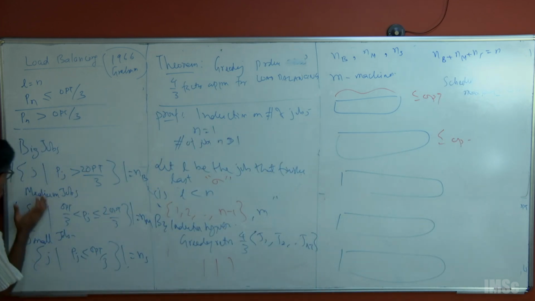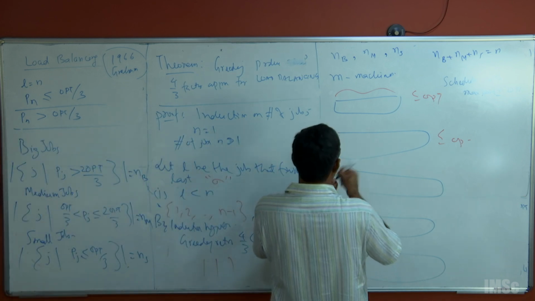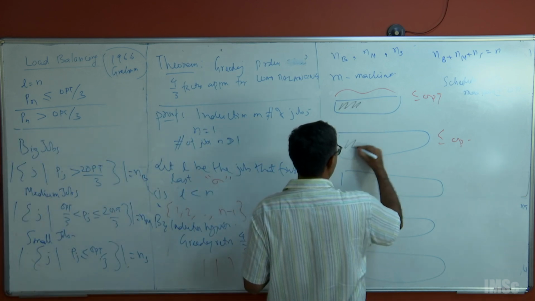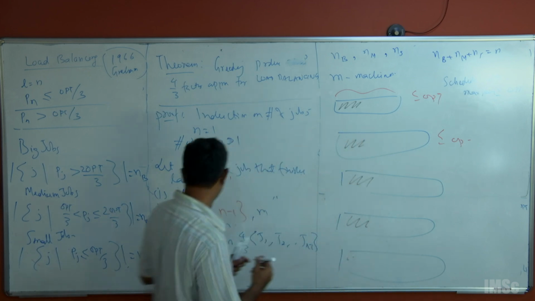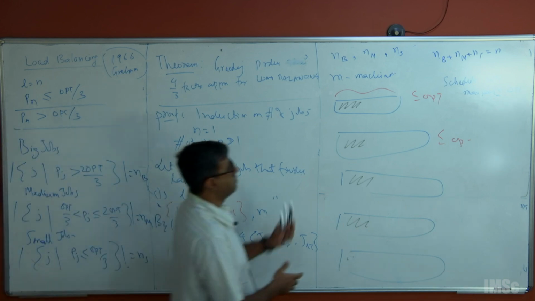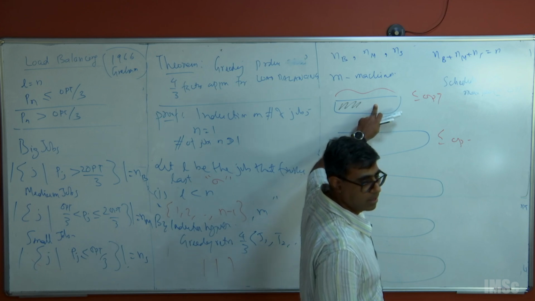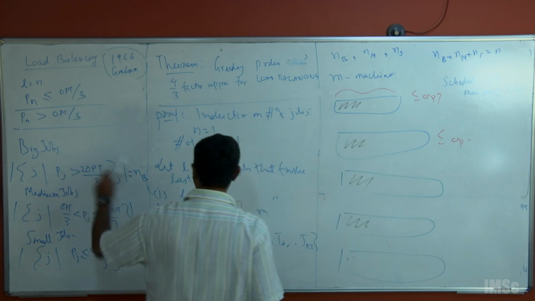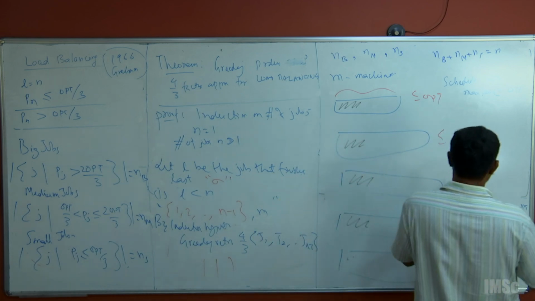So now any big job can be placed at one machine. Okay, fine. Medium job. Can a medium job be placed with a big job? No. So let's write down this little cutie observation.